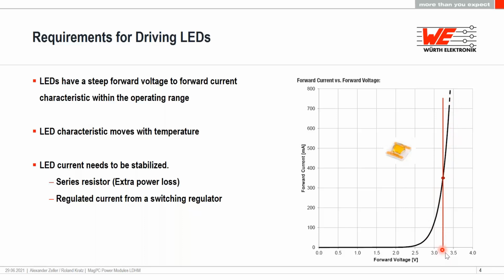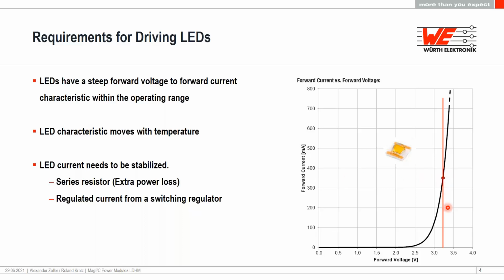And what you see here on the bottom, there is a vertical line at approximately 3.2 volts. If you apply 3.2 volts, you will end up in a current of 350 milliamps, which is common for a high power LED.